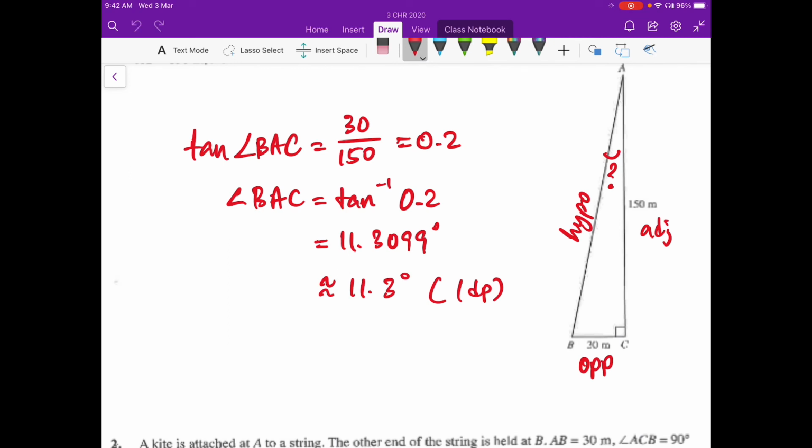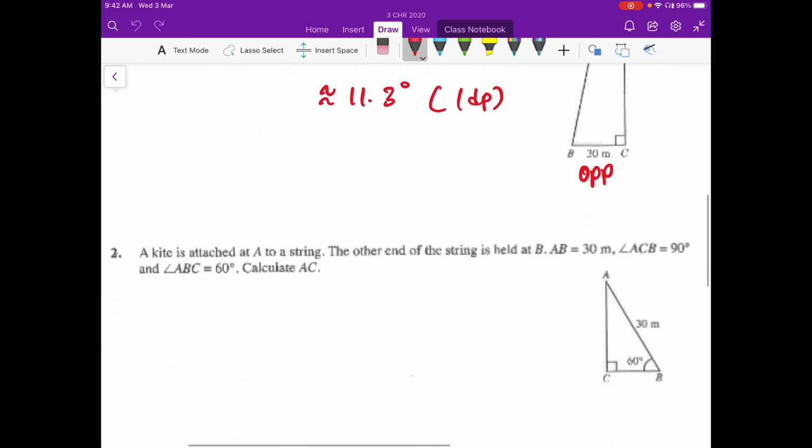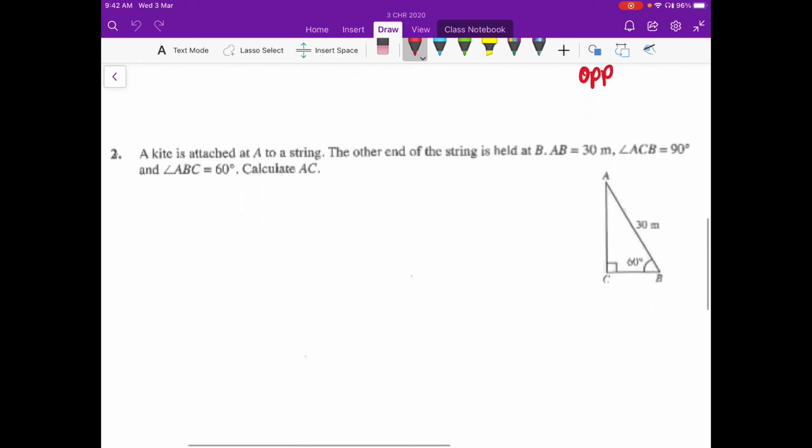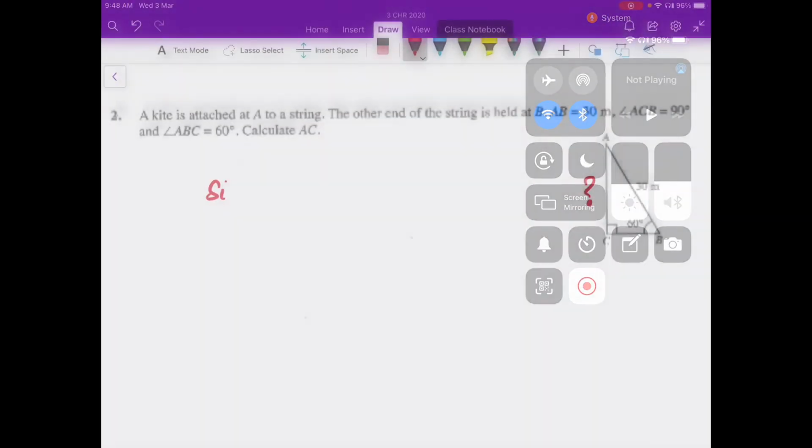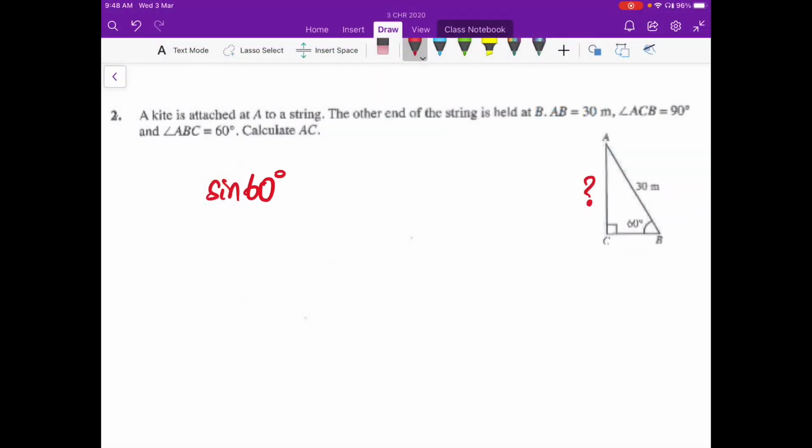Next question. Number 2. Sine 60. Sine 60 equals to opposite AC over 30. So what is AC?